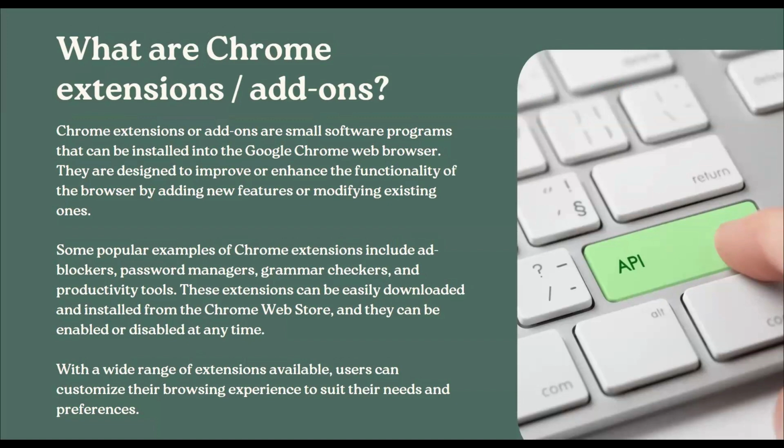Or you may use Grammarly, for example, which spell checks your emails as you're sending them. Or even an ad blocker. If you're watching YouTube videos, you're using ad blockers to stop watching ads. So yeah, there's lots of different capabilities for web extensions.